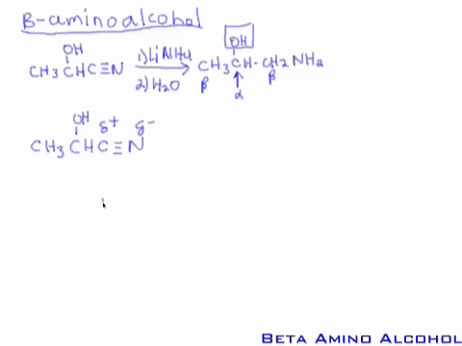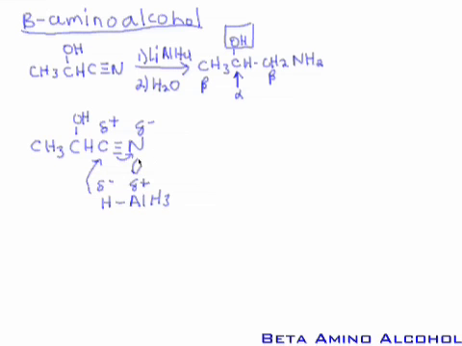And when the aluminum hydride approaches, there's a delta minus on its hydrogen and a delta plus on the aluminum. Essentially what happens is the hydride attacks the carbon, pi electrons move towards the nitrogen, and the nitrogen dumps electrons to aluminum.